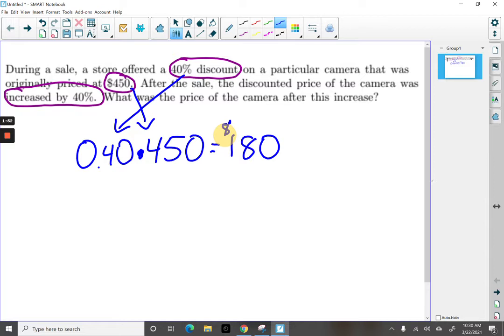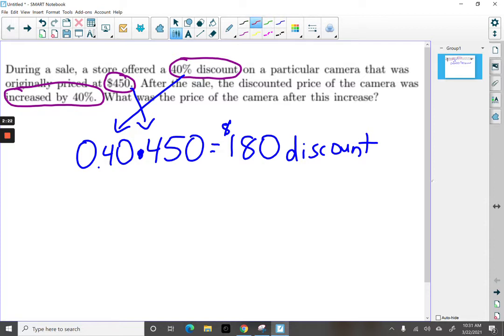Now, because we used our 40% as our discount, this represents a $180 discount, which is not how much it's going to cost during this sale, but how much we are going to save. Notice 40% discount means we are saving 40%. It's not going to cost us $180. That's less than half. We're going to save this amount of money.